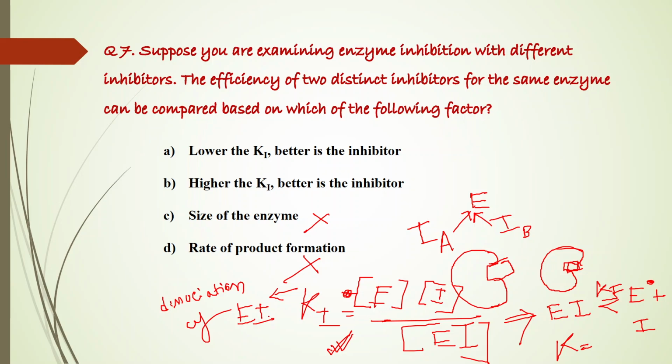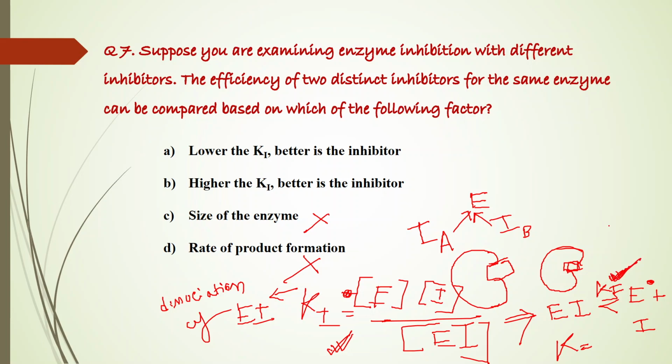So if our Ki value is low, that means the dissociation of the EI complex is very slow, because just look at this equation, this is the expression for our Ki. If Ki is very low, then this dissociation of the EI complex will not happen much.